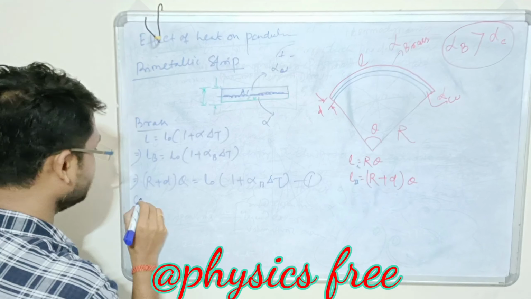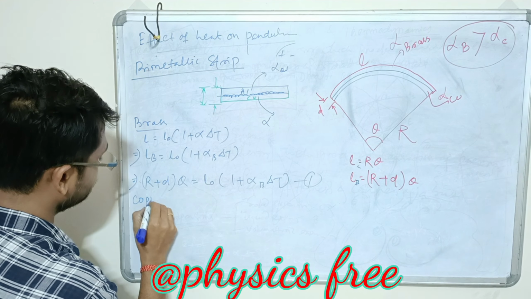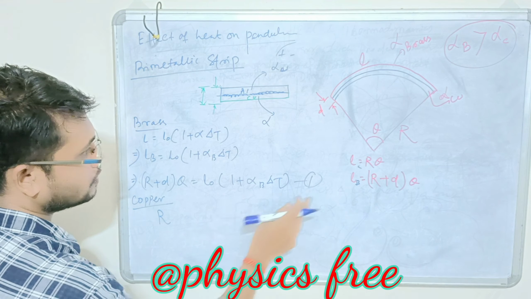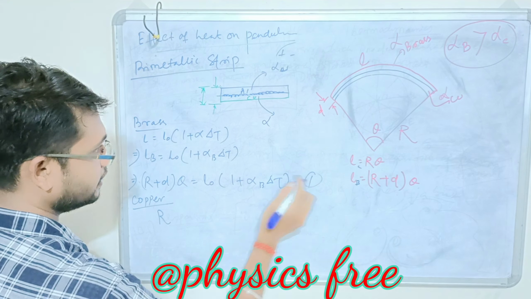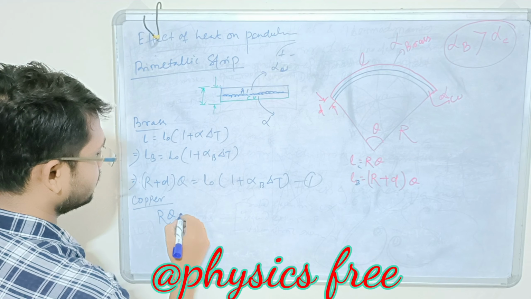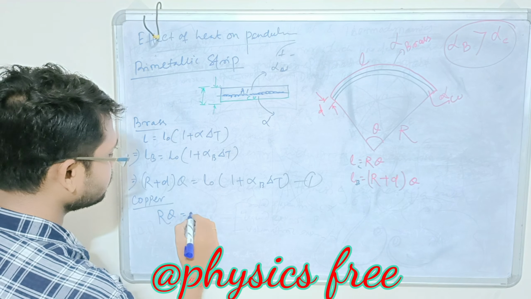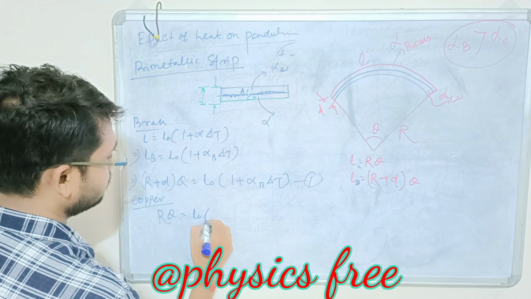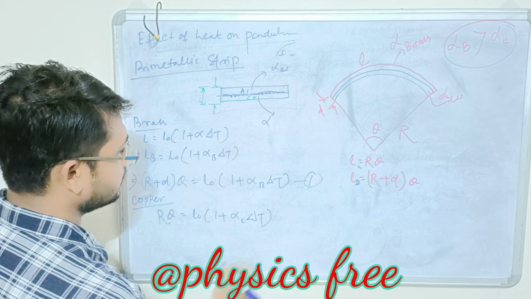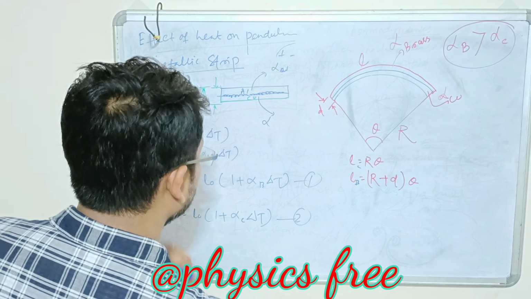Similarly, in case of copper, L equals R theta equals L0 into 1 plus alpha C into delta T, equation number 2.